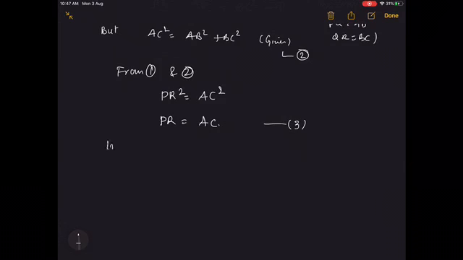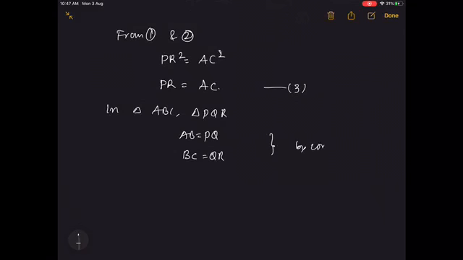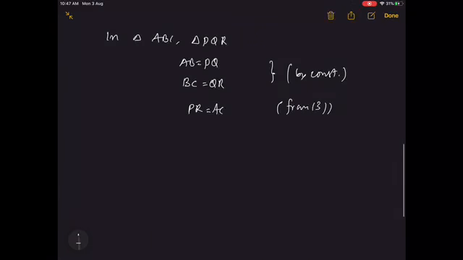Now we will take triangles ABC and triangle PQR. AB is equal to PQ. What is the reason, children? It is by construction. BC is equal to QR. This is also by construction. So these two are by construction. And PR is equal to AC. We have proved from equation 3. So we got all three sides.